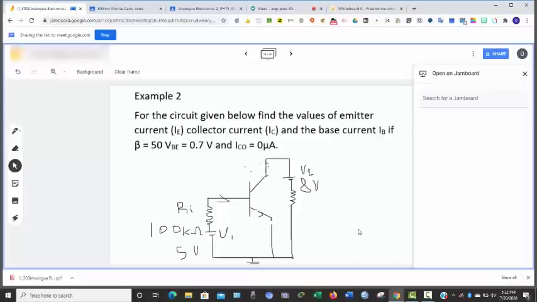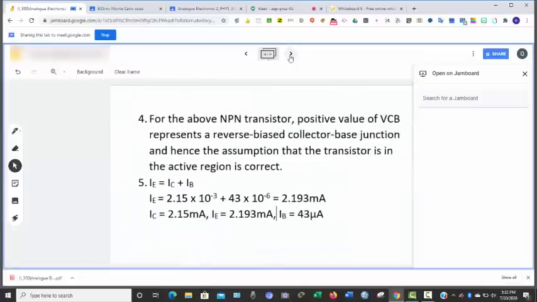So we should allow you to try more. Tell me your answers. What's your answer now? So you can convert it to micro ohm.